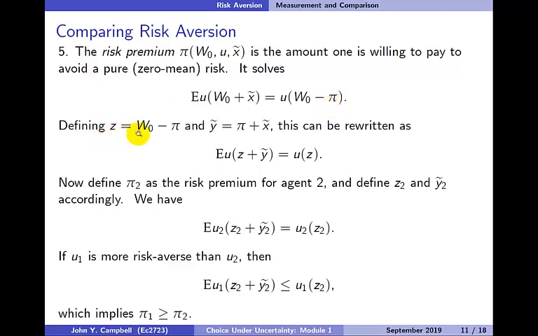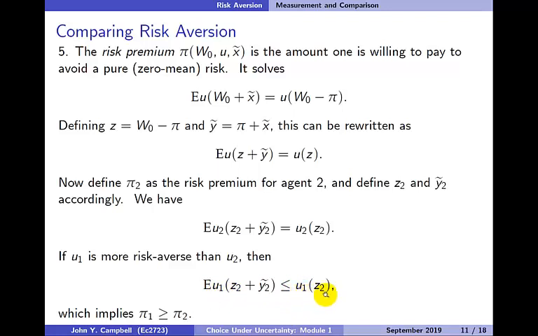So if we now define z as initial wealth minus risk premium and y tilde as risk premium plus x tilde, you can rewrite this as expected utility of z plus y is utility of z. Then we define the risk premium for agent 2 accordingly, define z2 and y tilde 2 accordingly. If person 1 is more risk averse than person 2, then the expected utility of z2 plus y2 for person 1 is going to be less than or equal to the utility of z2 for person 1.